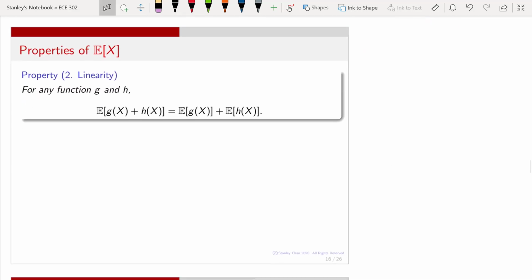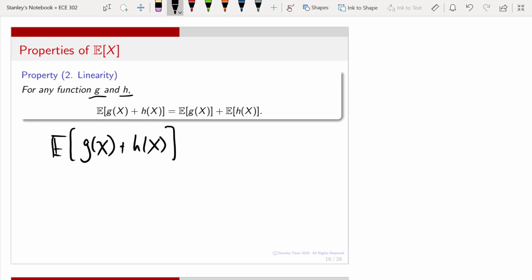The second property is that if you have two functions g and h, then applying the expectation to this sum of g(x) and h(x), you can just do this expectation individually for each. Now, this can be very easily proven according to the definition.